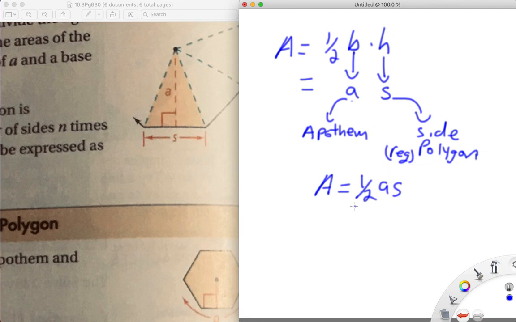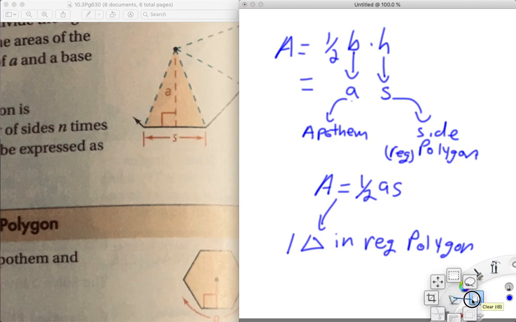This only gives me one triangle in the regular polygon. Well, that's not enough. I need the whole entire polygon. So since this only gives me one triangle of the regular polygon, I have to do an additional step, and that additional step is to find out the number of sides that I'm dealing with.